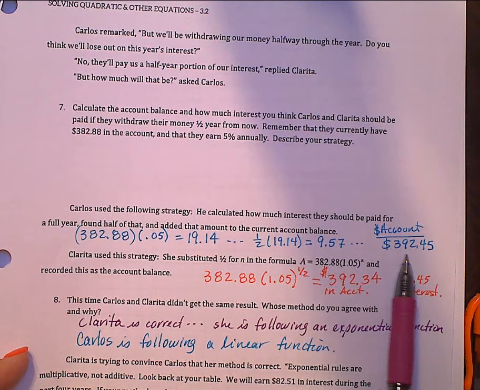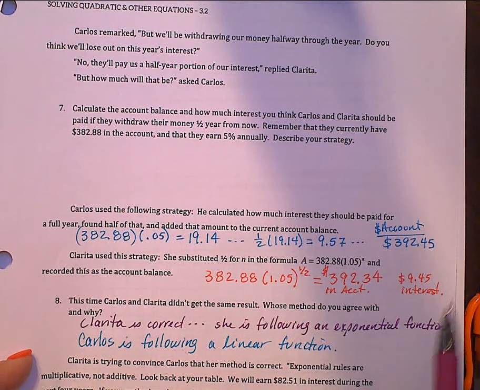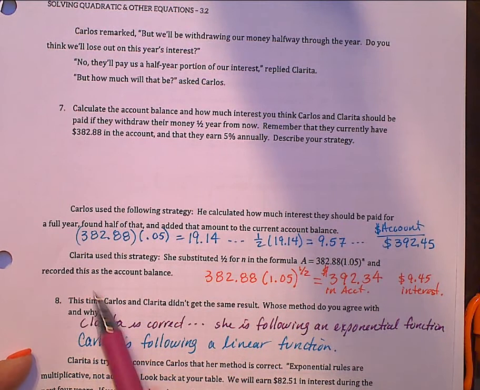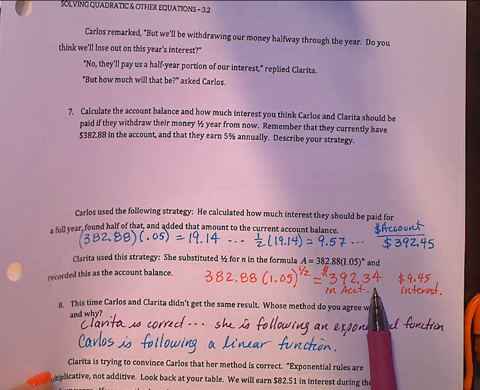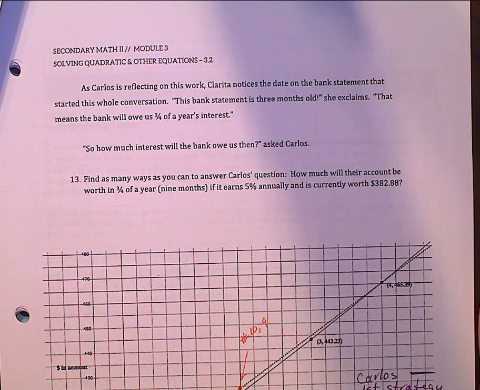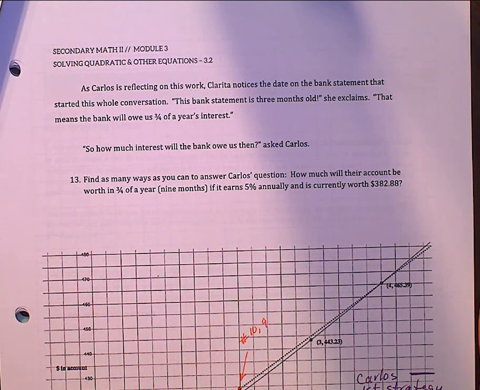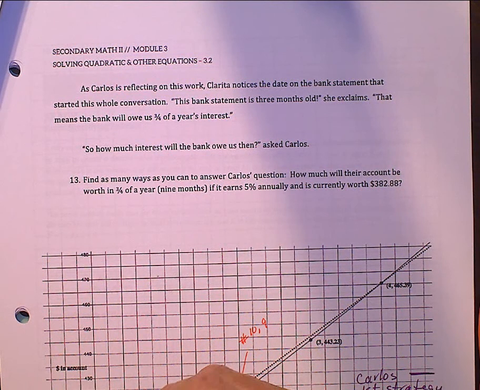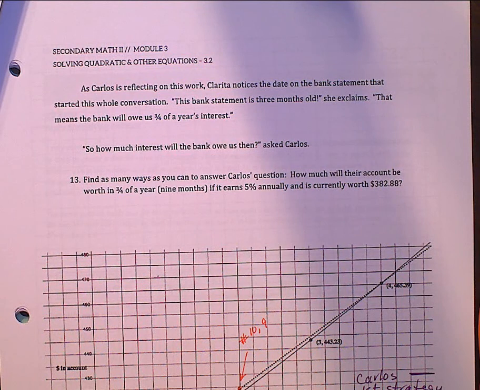So Carlos had a 392.45 and Clarita had a 392.34. So for the half year, right there, that was one of them, and there was the other one down here. Here was Carlos, and this is Clarita.